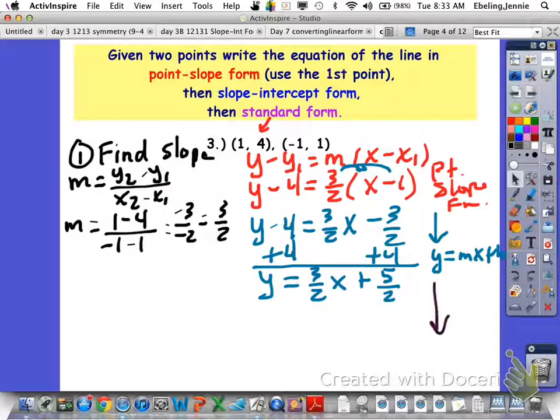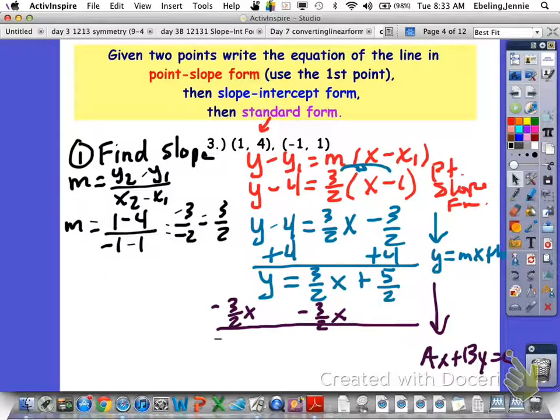Now the last form that we want to put it in is standard form. So to get it in standard form, that ax plus by equals c, which means no fractions, no decimals, and a can't be negative. Well, let's see, I need to move the x term, so I'm going to subtract this 3/2 x, because for it to be in standard form, the x has to be on the left-hand side. So I have negative 3/2 x plus y is equal to 5/2.